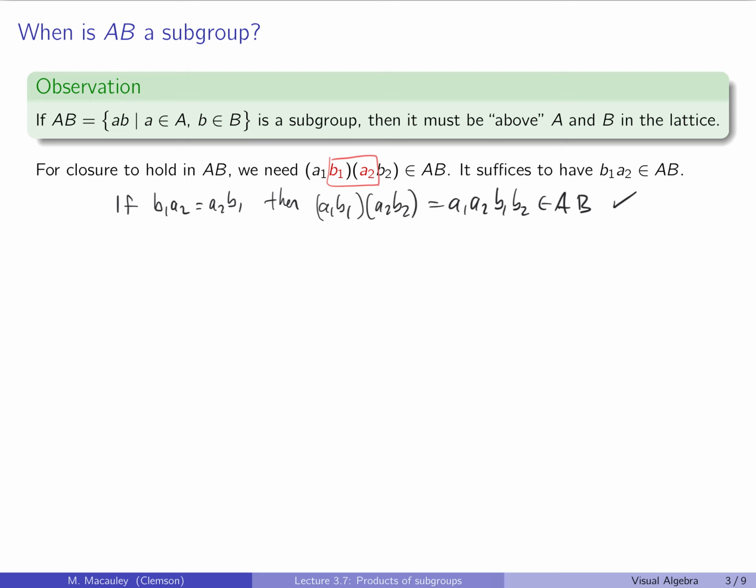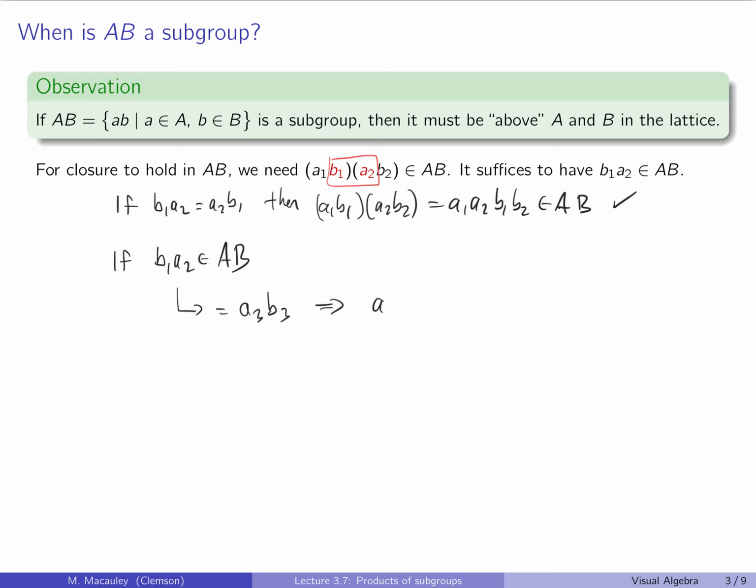So here's a weaker condition that will have the same result. Let's suppose that B1A2 lies in AB over here. That means that B1A2 equals some A3B3. Can't guarantee they're the same element.